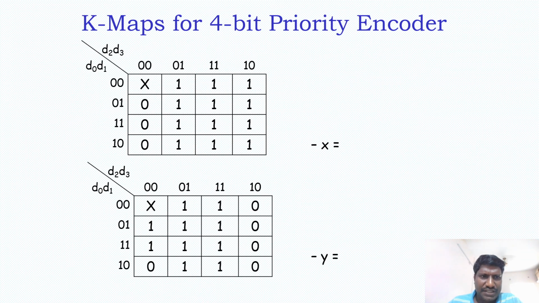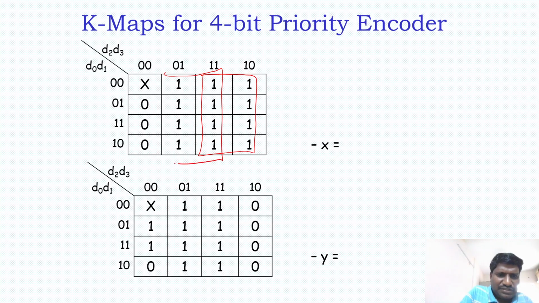So if you look at the expression for X, D2, D3, D0, D1 is being given, enter the values. Now what exactly is the case? I can combine these two, or I can combine these 8 ones.